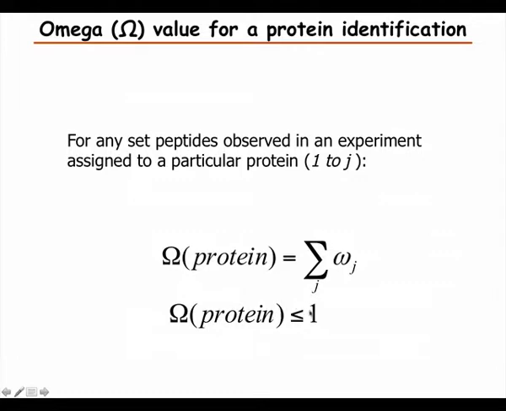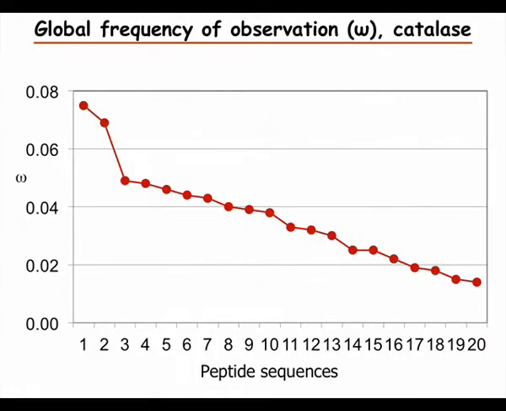But usually we get something smaller than 1, but if we do a good protein identification, we should see an omega value that's quite large, because we hopefully are observing these top peptides.